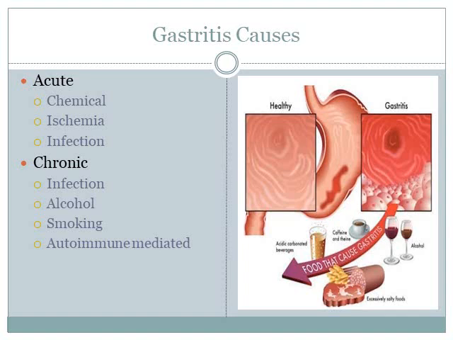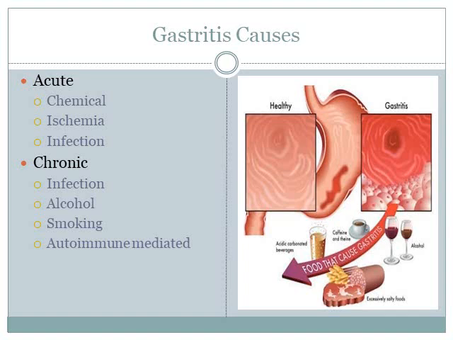Ischemia is mostly associated with some form of trauma, either a lack of blood flow due to trauma, or burns from ingesting corrosive substances. The most common infections that cause gastritis are Helicobacter pylori and herpes simplex.